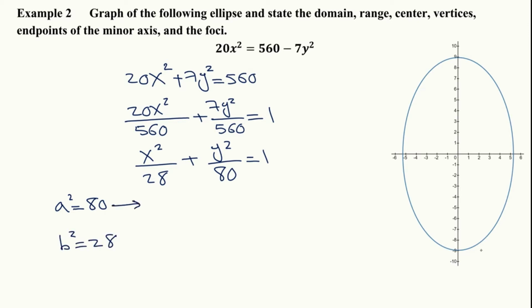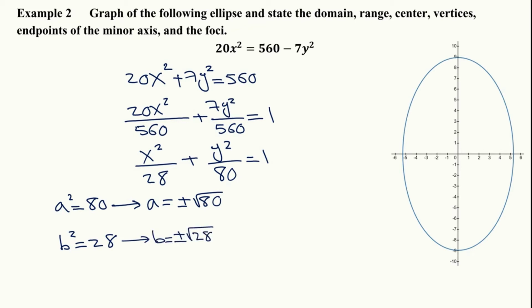So this implies that a is going to be plus or minus square root of 80, and b is going to be plus or minus square root of 28.